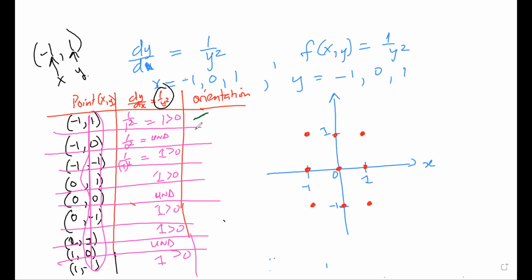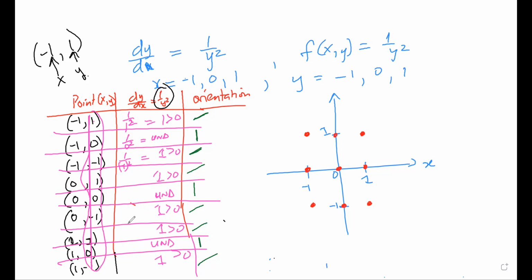And then here, when it's undefined, the orientation is vertical, because wherever we have an undefined derivative, we have a vertical asymptote. So there are 3 points: minus 1, 0, 0, 0, and 1, 0.